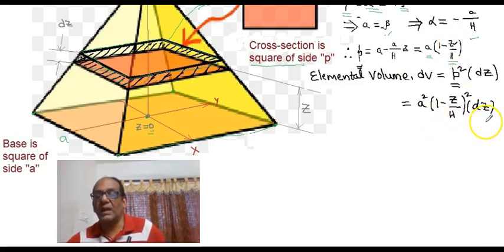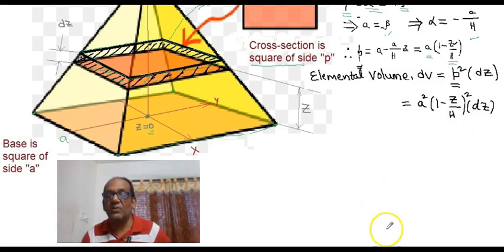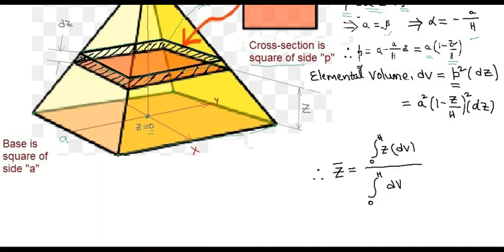So with this we write elemental volume dV is equal to a square multiplied by the quantity in parenthesis squared, multiplied by dz. Thus we write an equation for z coordinate of the centroid as, in the numerator we have integral z dV, and in the denominator you have integral dV.